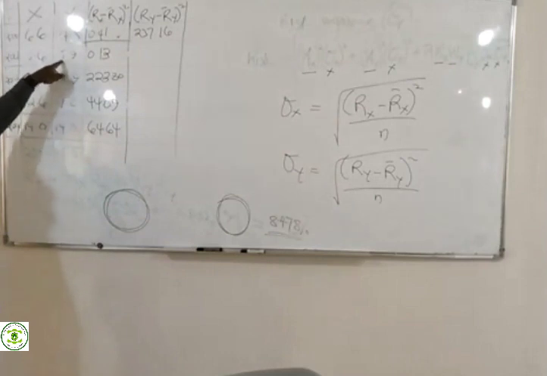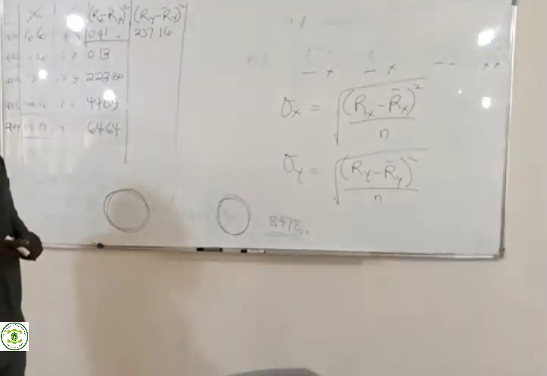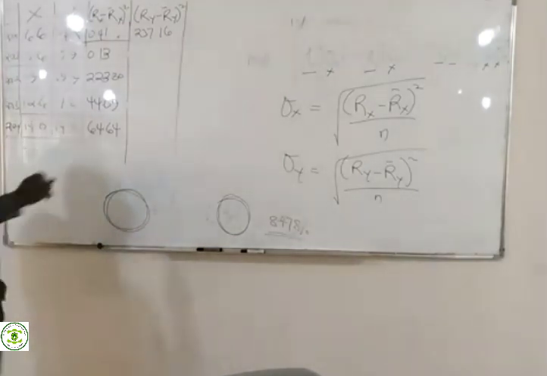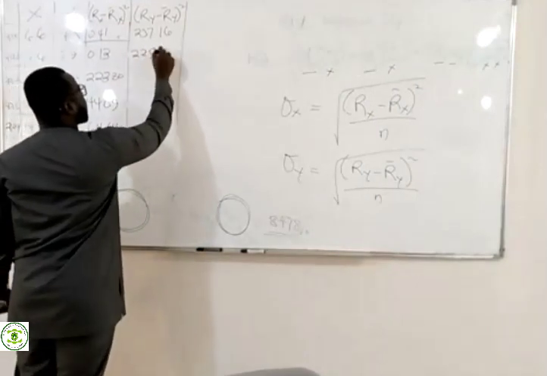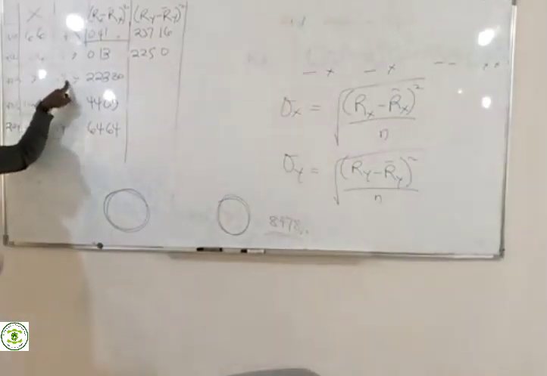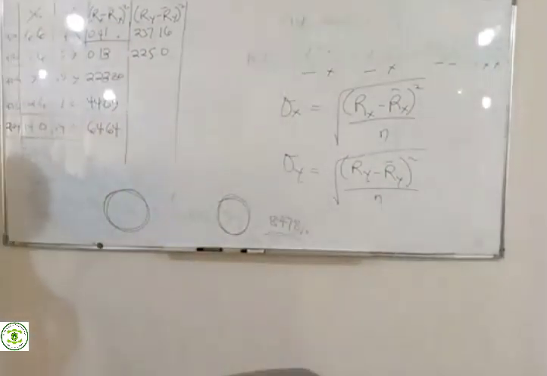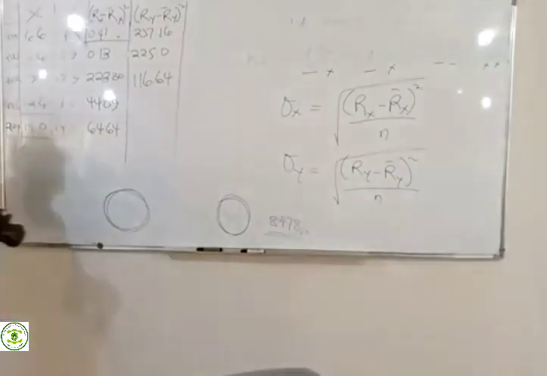Negative 5.9 minus 9.1 raised to the power 2, 225. Then 19.9 minus 9.1 raised to the power 2, 116.64.